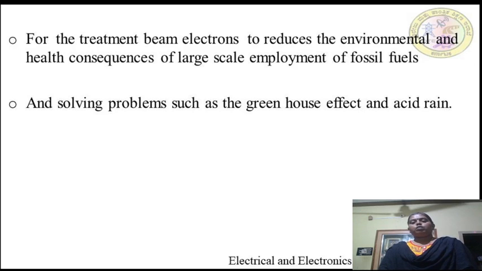Because of the use of fossil fuel, the nuclear technology will solve the problems in a greenhouse effect and the acid rain.